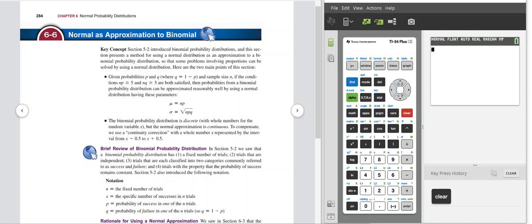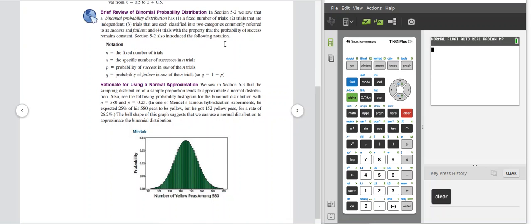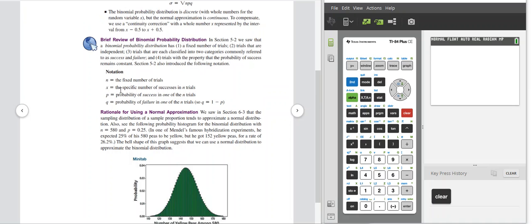So this again is the normal approximation to a binomial. If we go down, he kind of reviews the binomial, and he says, remember that in a discrete distribution or model, we have some kind of finite number of possibilities. In this case, we have a fixed number of trials, and we have a specific number of successes in n trials.